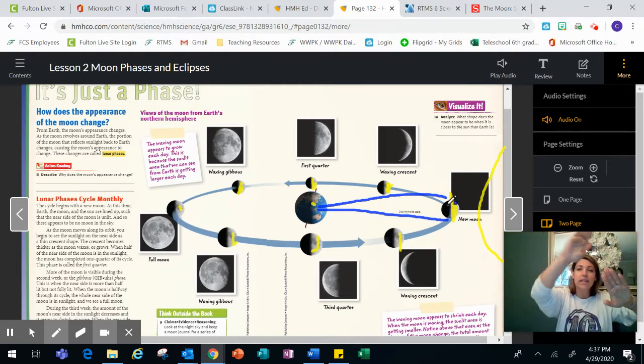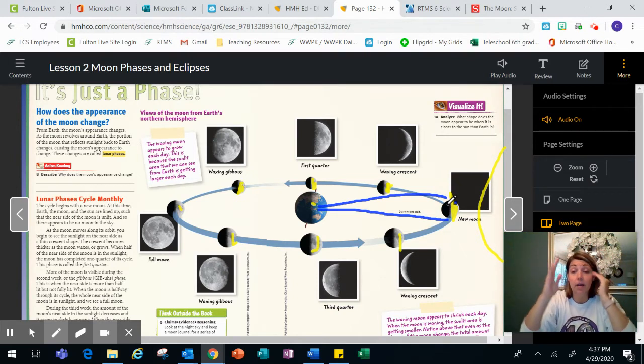And sometimes you can see a little outline, but it's not lit up. And remember, our moon doesn't give off its own light. It's basically just a rock out in space, and it reflects the light from the sun. So in new moon phase, when you look at the moon, you don't see any of it.